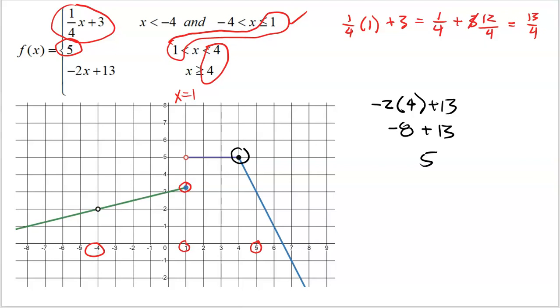The horizontal line is 5, so it ends at 5, and where this new function, -2x plus 13, picks up, it's at 5. So everything comes together beautifully. That would be an example of continuity. There's no hole there, no jump there. It's nice and continuous.